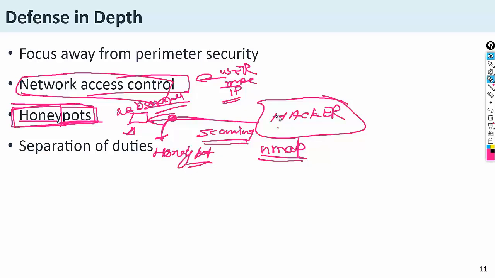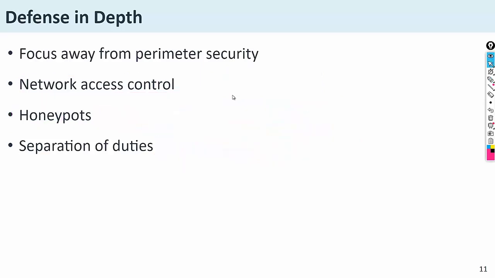So when the hacker sees the result, there is port number 80 open, 21 open, 22 open, 23 open, 24 open, and much more. A honeypot is used in a network for tracking hacker activity.